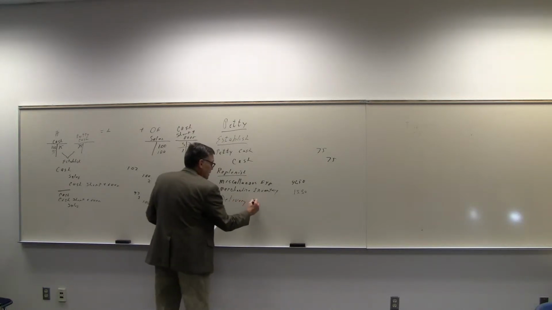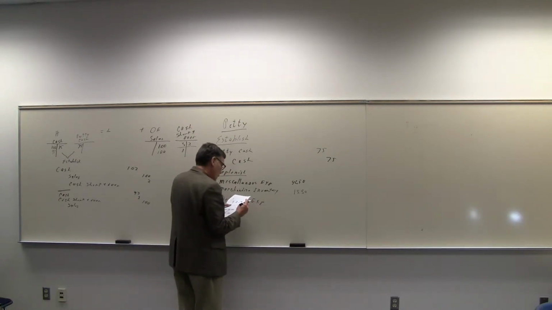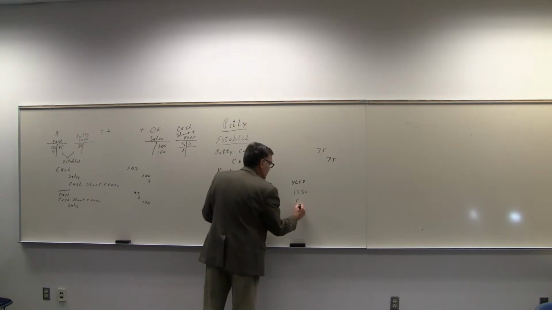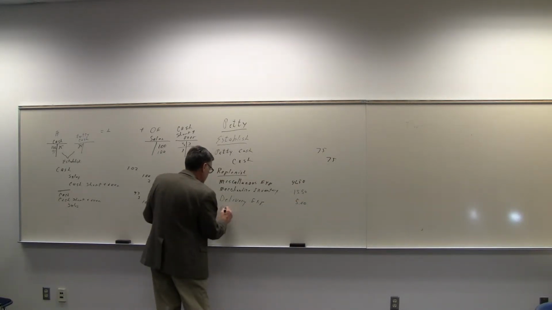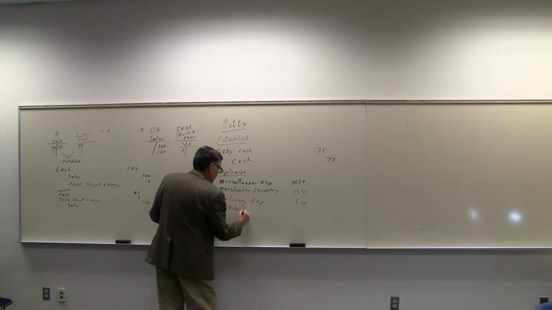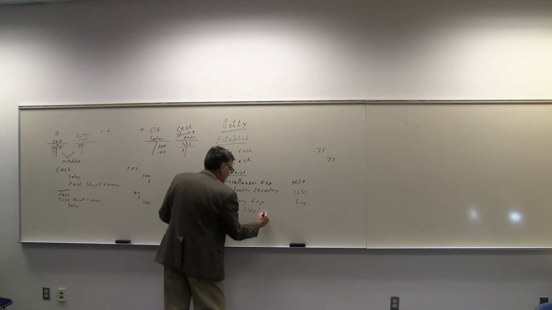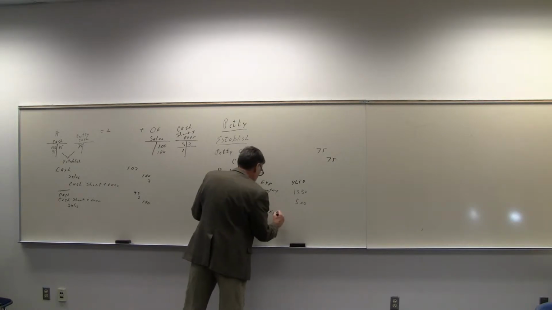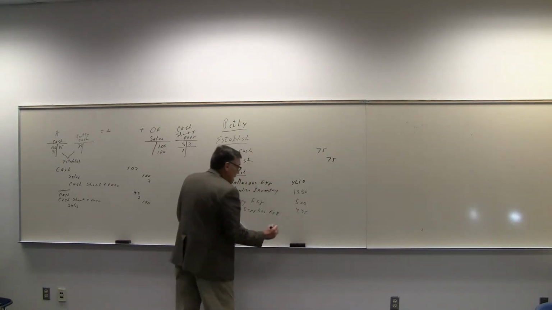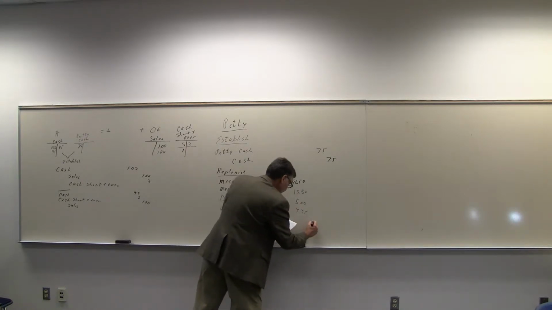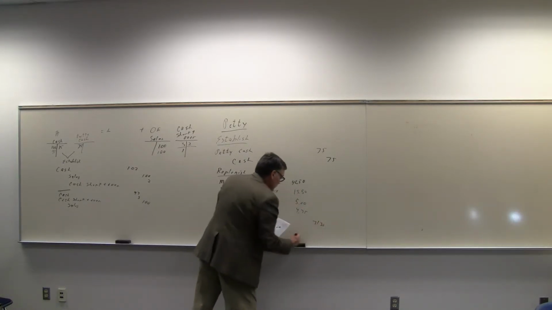This will show up as a sales expense because this is freight out. Delivery expense of $5, okay? And office supplies expense of $4.75. Now you add all these up and they equal $71.30.